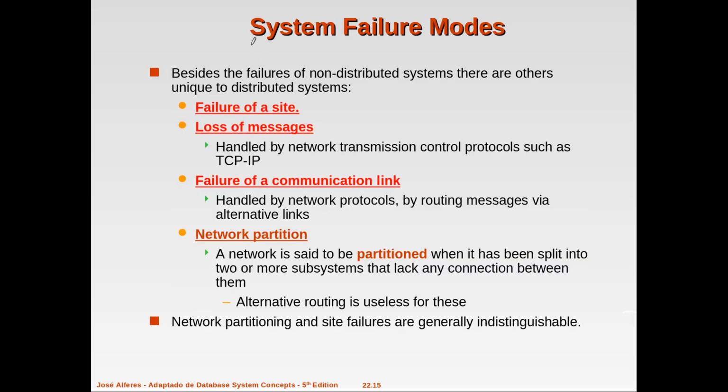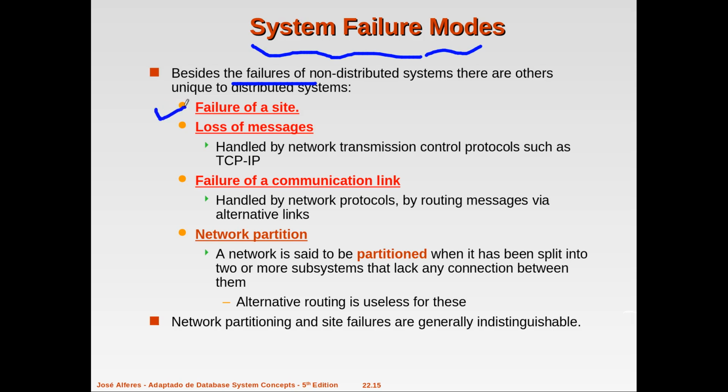Now, the various system failure modes of distributed transactions. So we are starting with the failures, how we can resolve these failures, and how we can perform the transaction in a better way by using the various mechanisms applied to distributed transaction operations. Besides the normal failures of a normal database system, some other failures are also possible with distributed databases.